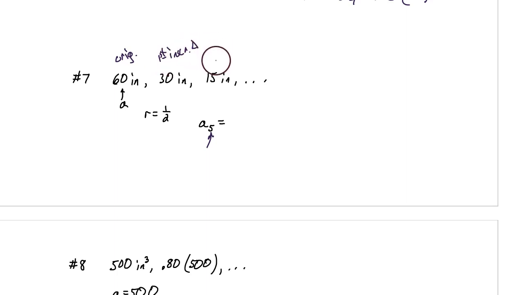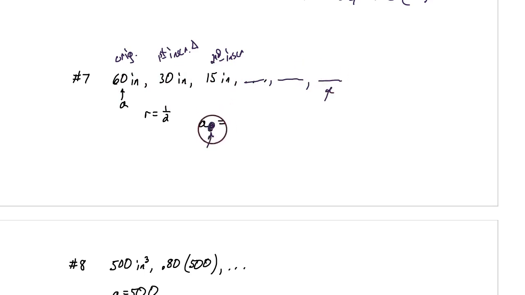This is the second inscribed triangle. Then we would have the 3rd one, 4th one, and 5th one. And it's that one that we want to figure out. Well, which number in the sequence is that? 1, 2, 3, 4, 5, 6.